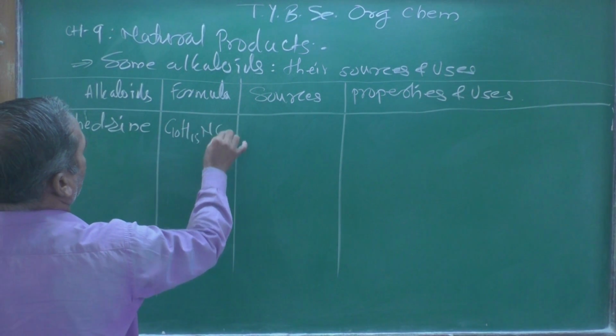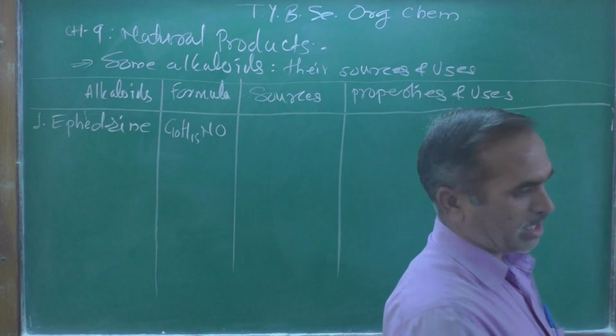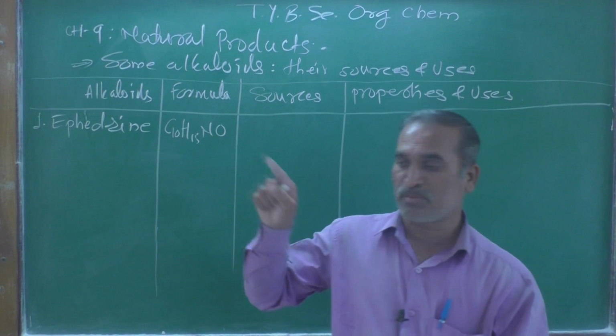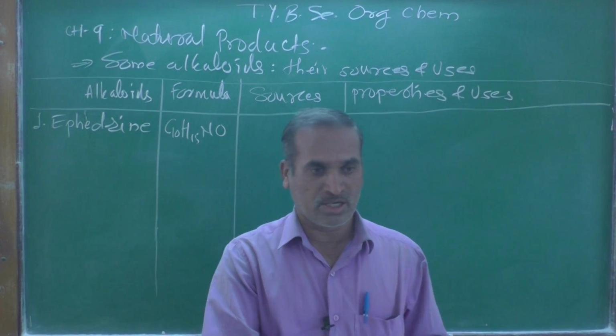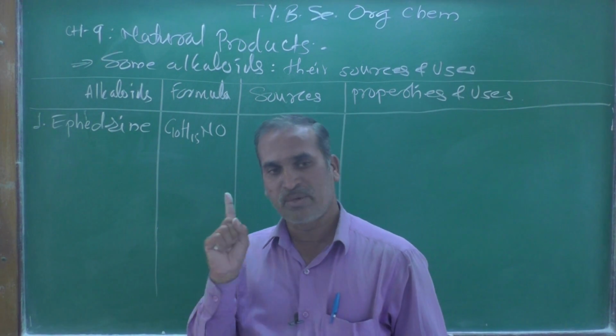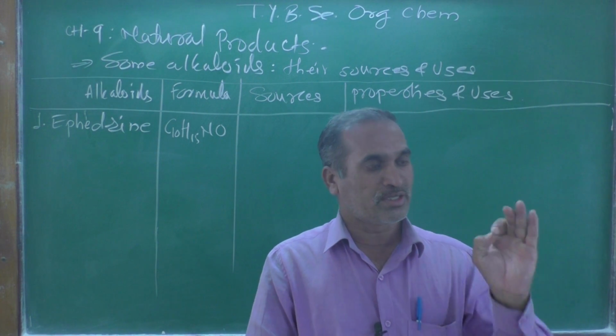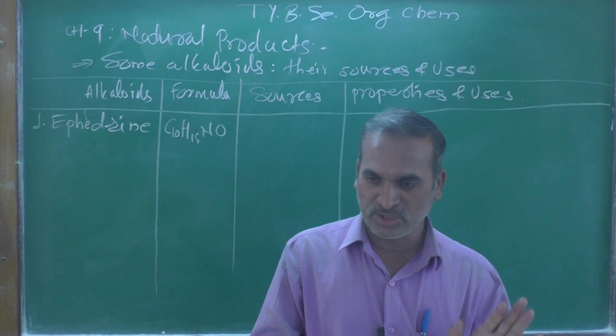As we know, alkaloids contain a nitrogen atom, and that's why they are basic in nature. In general, organic compounds containing a nitrogen atom are basic because they contain a lone pair of electrons.